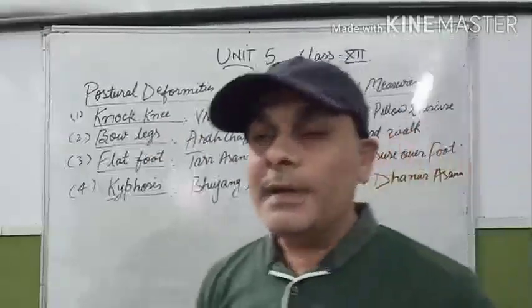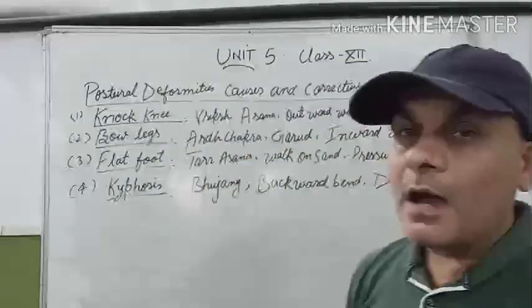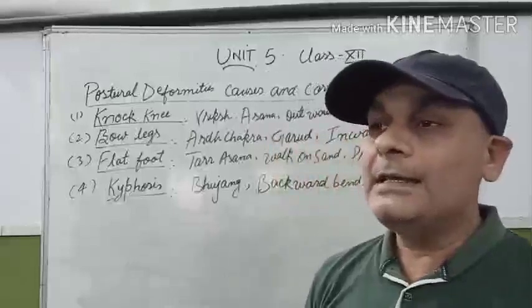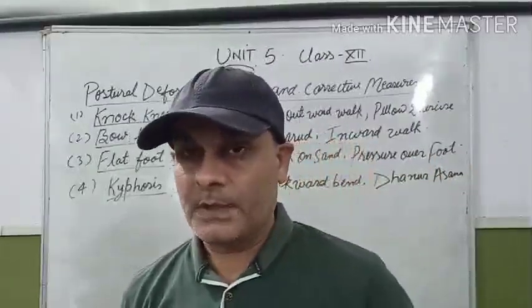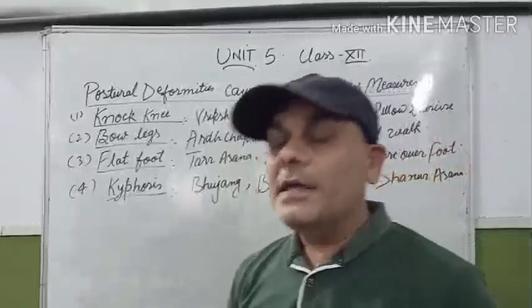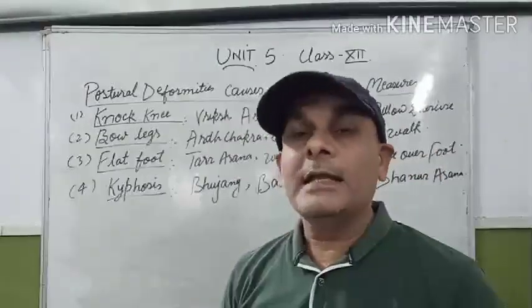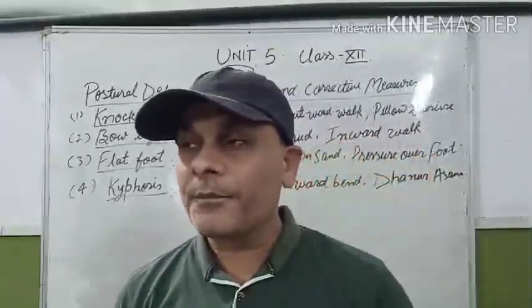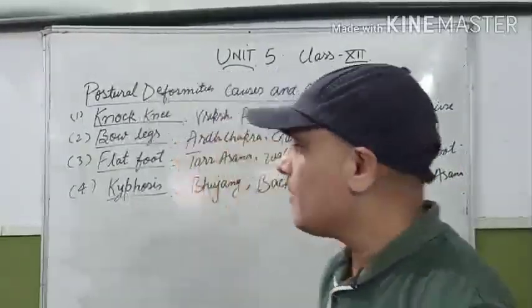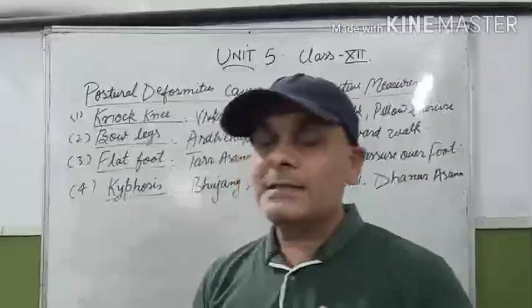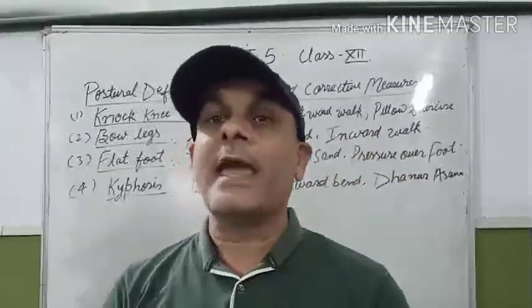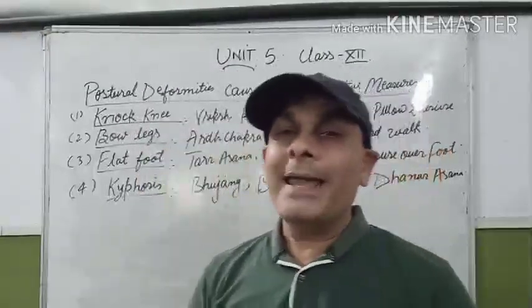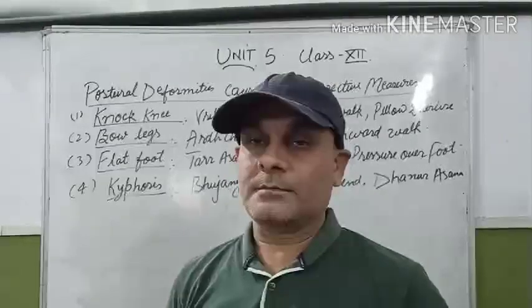Knock knee is the deformity in which, when a person is suffering from it and walks, their knees strike or collide with each other. When a person walks or runs, their knees collide, and there is a very minor gap between the legs.